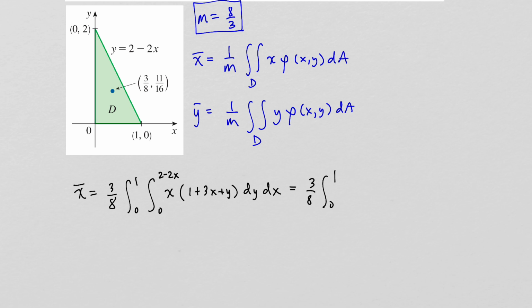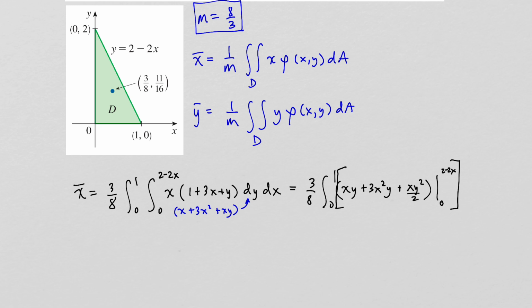So we have 3/8 integral 0 to 1. If we multiply this out, we're going to have x plus 3x squared plus xy. And now when I integrate that with respect to y, we're going to get xy plus 3x squared times y plus xy squared divided by 2. Now again, remember this gets evaluated from 0 to 2 minus 2x, and then when we're all done with that, we'll integrate with respect to x.